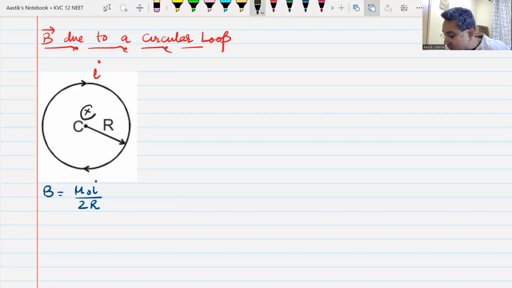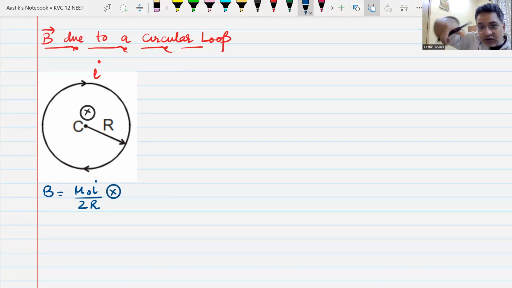That is the easiest way to find the magnetic field direction due to a current carrying loop. You turn your fingers in the direction of the current with your right hand, and you will get the direction of the magnetic field. In this case, it is going inside. If the current is clockwise, it will go inside. If the current is anti-clockwise, it will come outside.